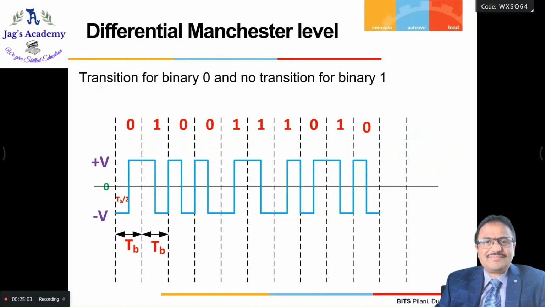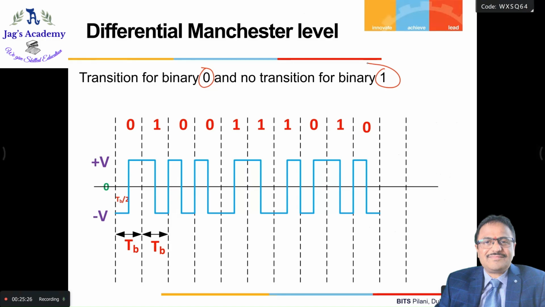Now differential Manchester. See what's happening here. Transition for 0. No transition for 1. Okay. Transition for 0. No transition for 1. See, have you checked the previous one?